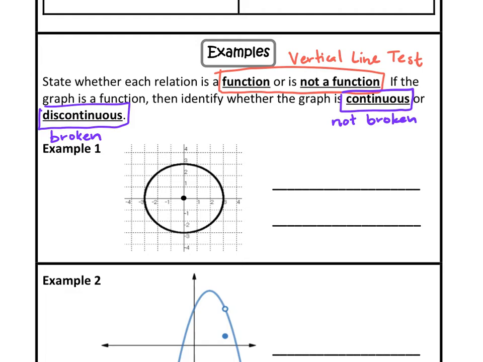And there's 3 ways that it can be broken. We talked about holes. There might be jumps in the graph. And asymptotes.